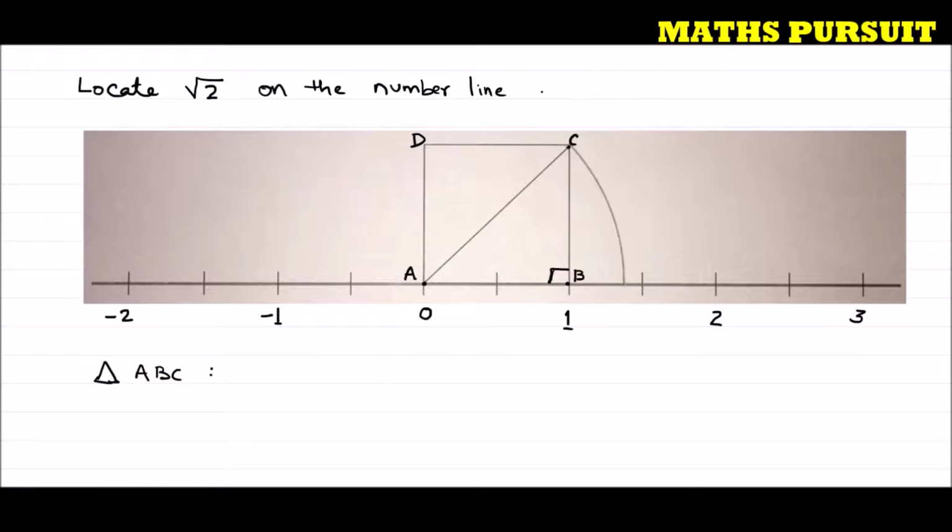Now applying Pythagoras theorem, I can write AC square is equal to AB square plus BC square, or I can write AC is equal to root over of AB square plus BC square. I hope we all know what is Pythagoras theorem and what is the formula.